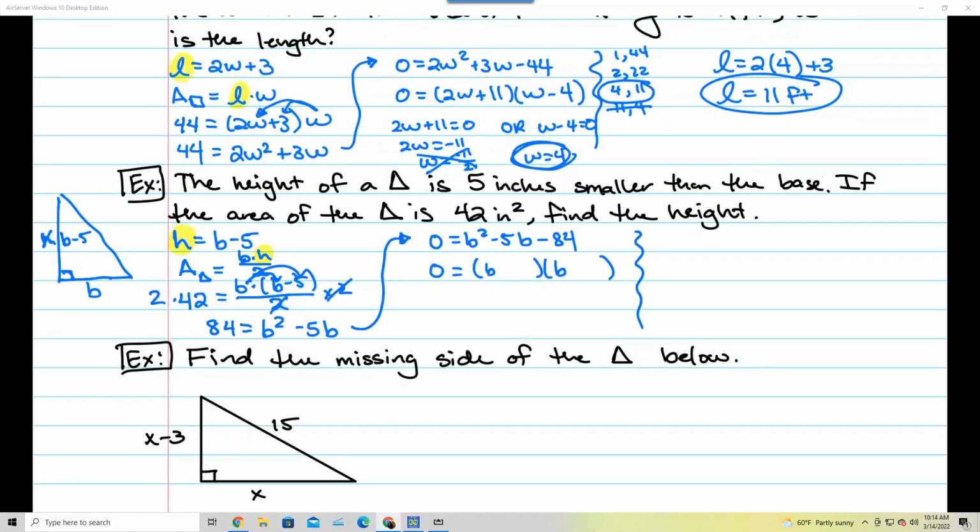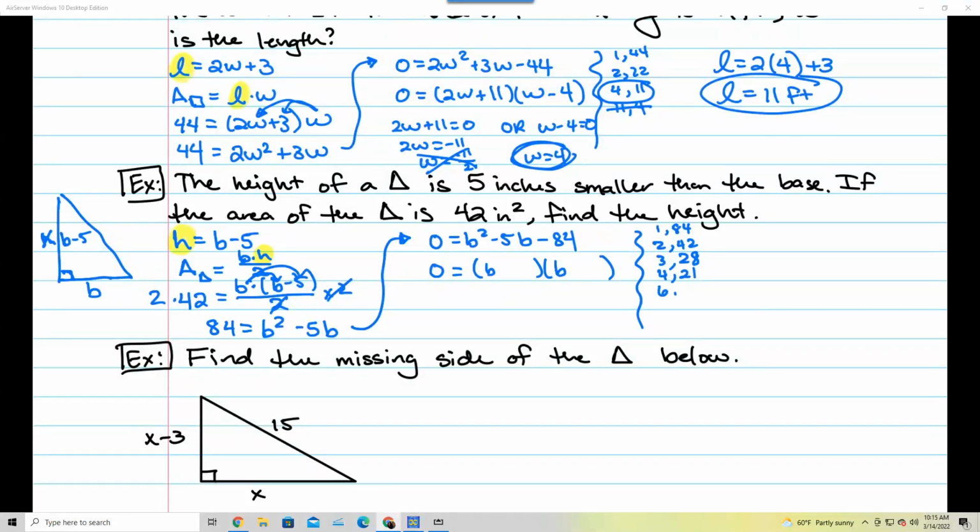And I'm trying to get numbers that multiply to 84. So that's 1 and 84, 2 and 42, 3 and there is a number 28. Is it 28? It is 28. 4 and 21. There is no 5.